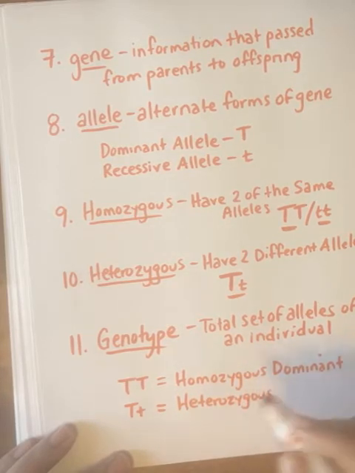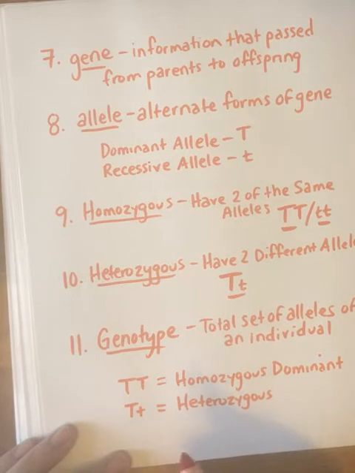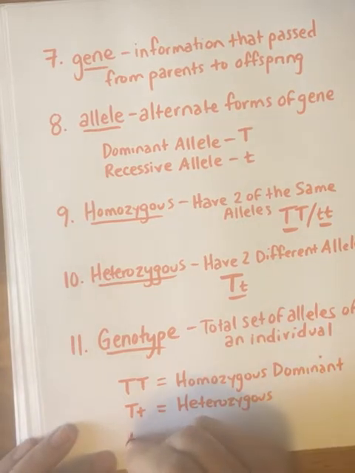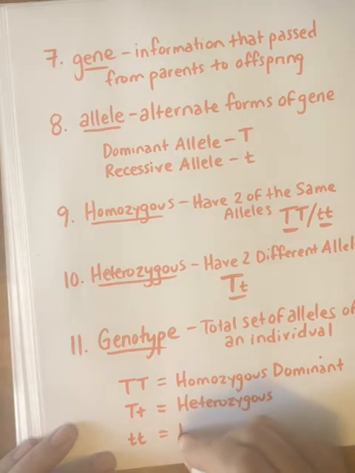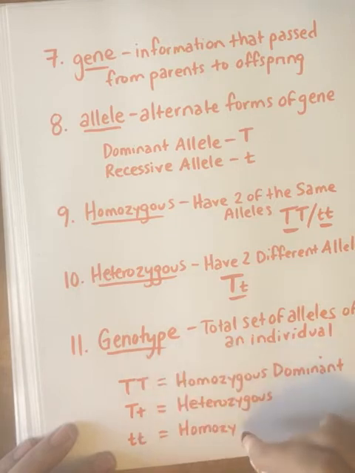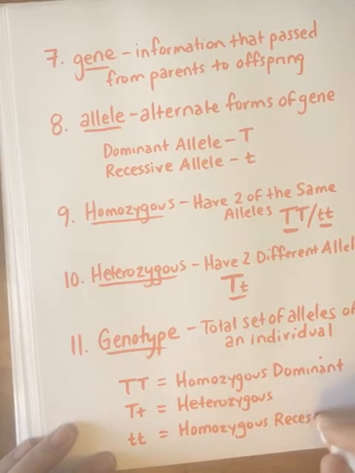And heterozygous literally just means one dominant allele and one recessive allele. And if you have two little or two recessive alleles, homo means you have two of the same. You have a genotype that is called homozygous recessive.